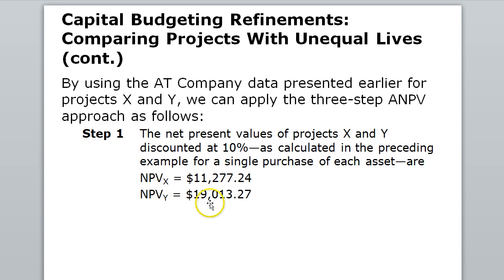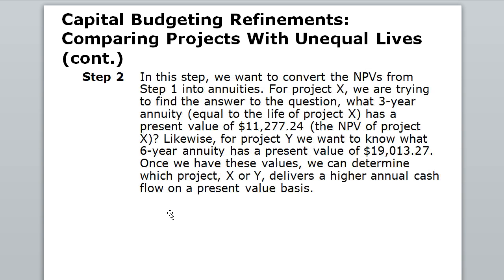Step 1 we've done many times: calculate net present value based on the inputs for X and Y. Now in step 2, we're going to convert the net present values from step 1 into annuities. So for project X, we're trying to answer the question: what 3-year annuity, which is equal to the life of project X, has the present value of 11 million, or 11,000, the net present value of project X.